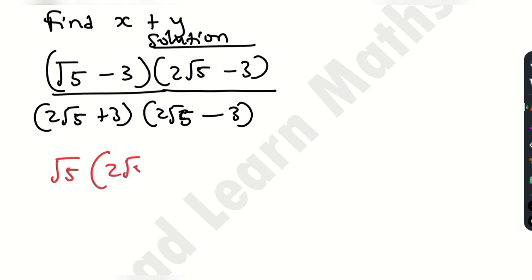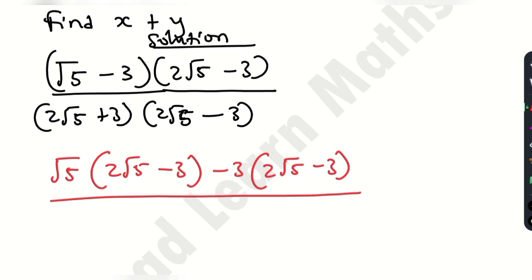So 2 root 5. And then use root 5 again to multiply negative 3. So that's negative 3. Then minus 3 bracket 2 root 5 minus 3. All divided by, if you like, you can use the usual binomial expansion.